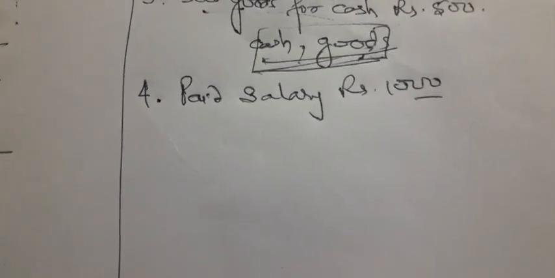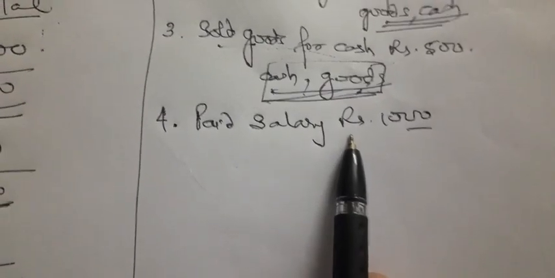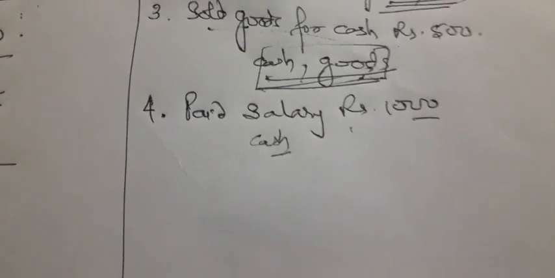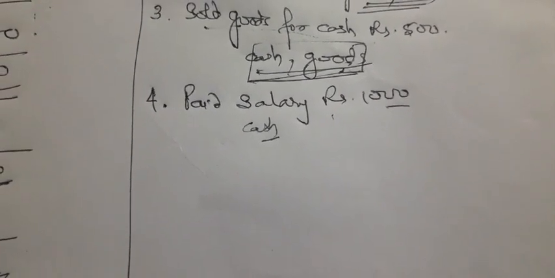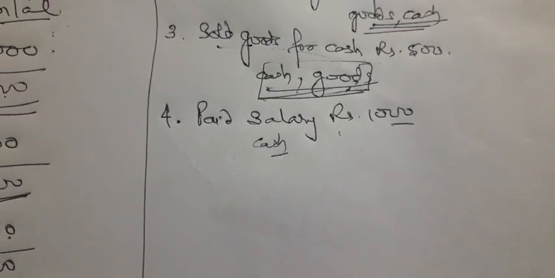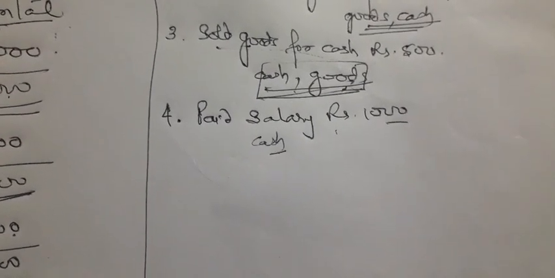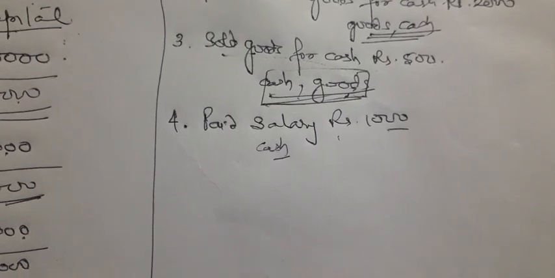First, the salary is paid in the form of cash. So one aspect is cash, and when the businessman is paying salary, that means cash will be reduced. And the other aspect is, because the businessman is paying salary, it is an expense for the business.